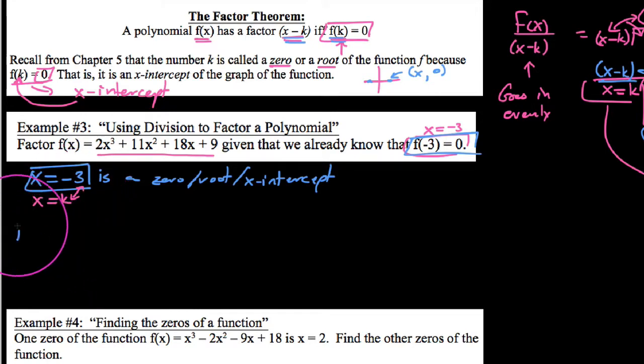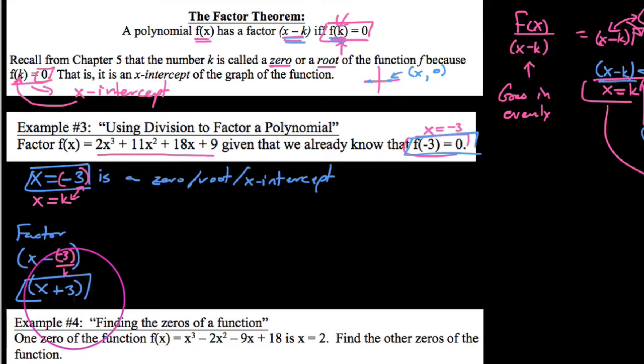But what this really means is the factor that we're dividing out is x minus k, and in this case our k value is negative 3. So our factor becomes x plus a positive 3. The quicker we learn that the factor is usually just opposite the 0, the better. If x is negative 3, then x plus 3 is the factor we're dividing out.